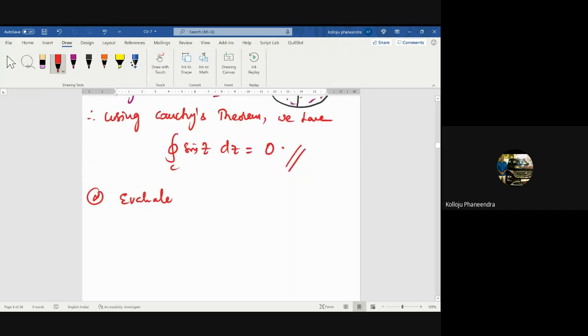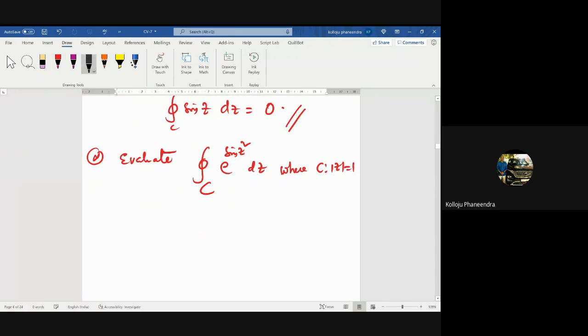Right? Okay. Next, another example. Evaluate the integral over C of e to the power of sin z square dz, where C is mod z equal to 1, the unit circle. Solution.